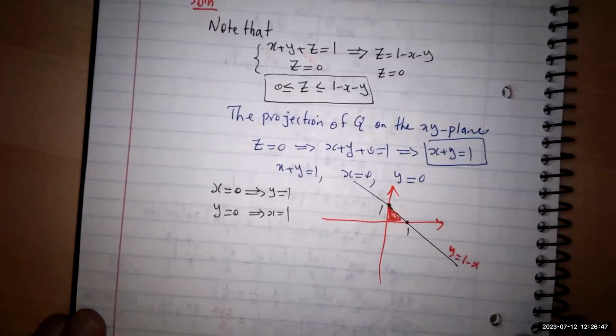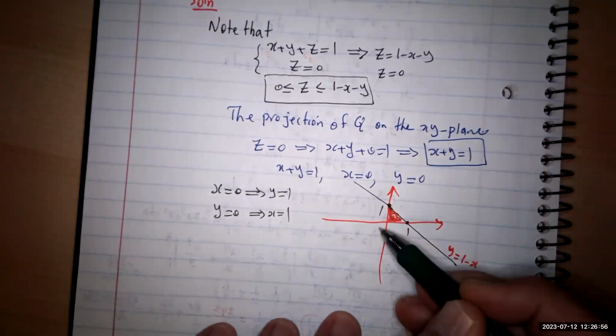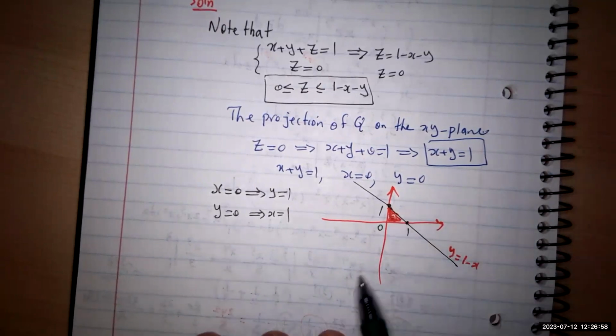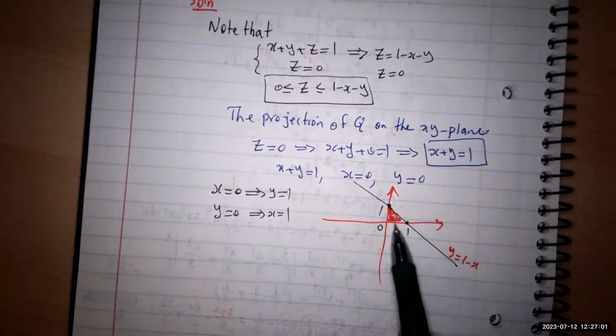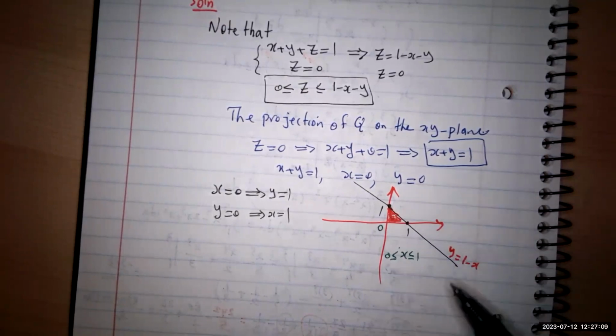So in two dimensions, again, the same argument that we did before. Are you going to consider this region as type 1 or type 2? Just check. For x, you go from right to left, so your x would be between 0 and 1. For y, you go up and down in this region.